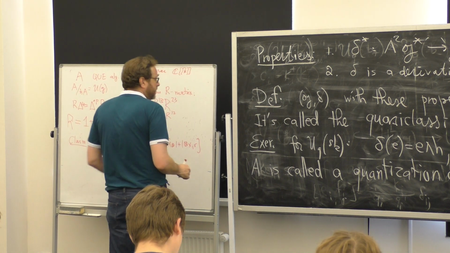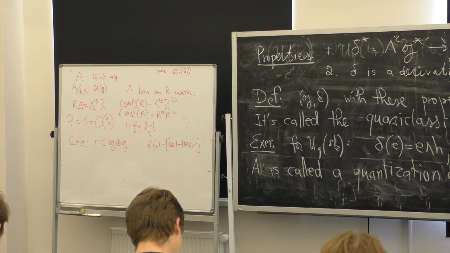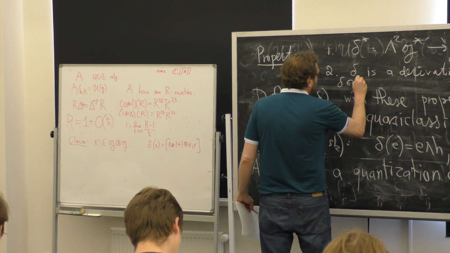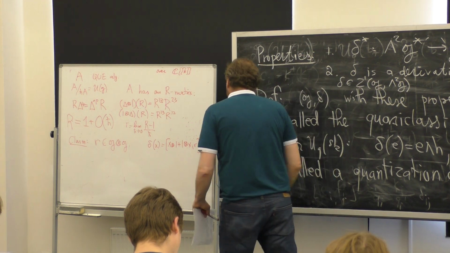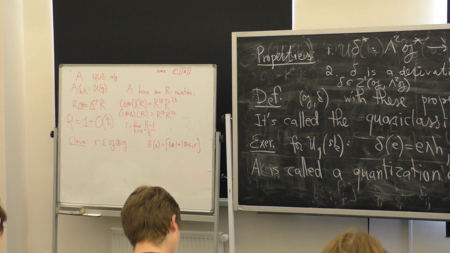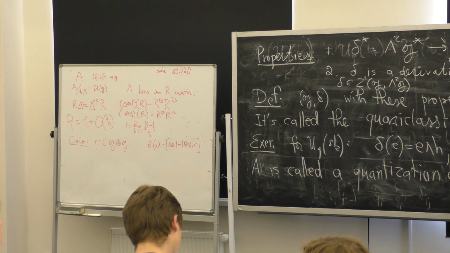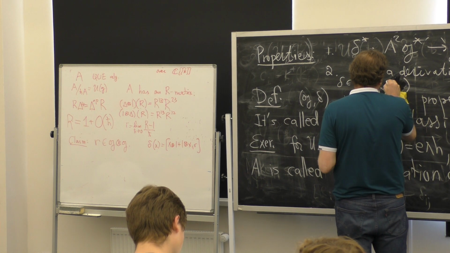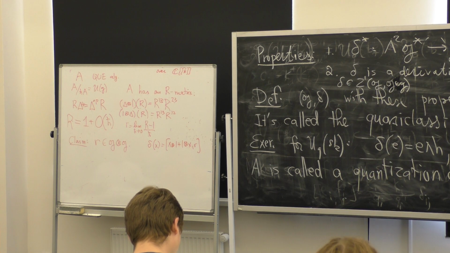So I said that delta is a derivation, which means that delta is a one-cocycle of G with coefficients in wedge 2 of G. And this simply says that delta is a co-boundary, let me write it in G tensor G. And this simply says that this cocycle is a co-boundary.